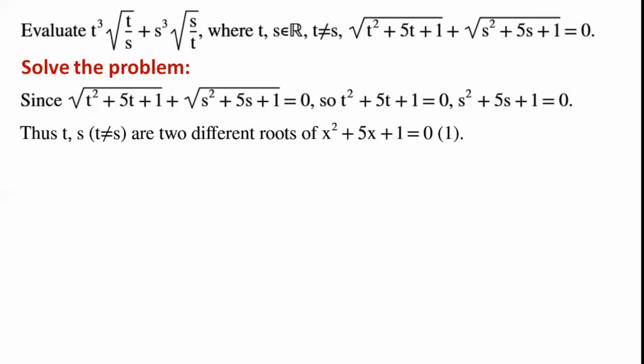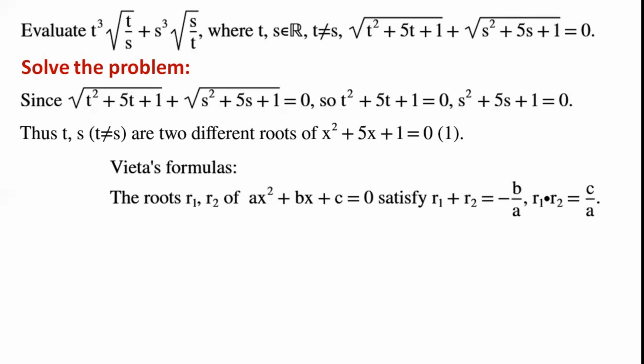Thus, t, s are two different roots of x squared plus 5x plus 1 equals 0.